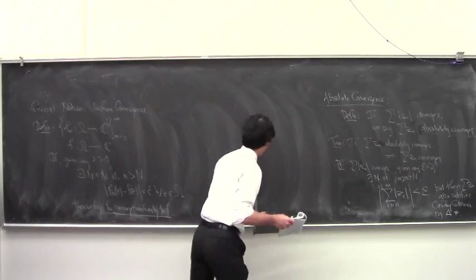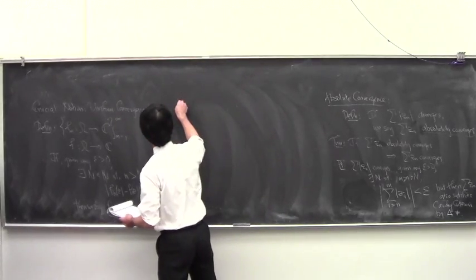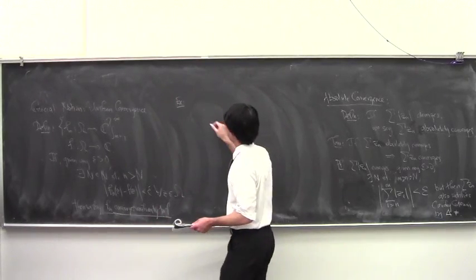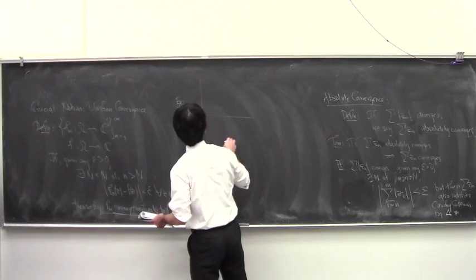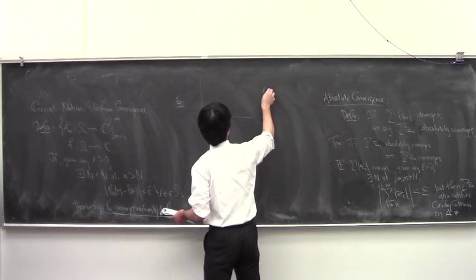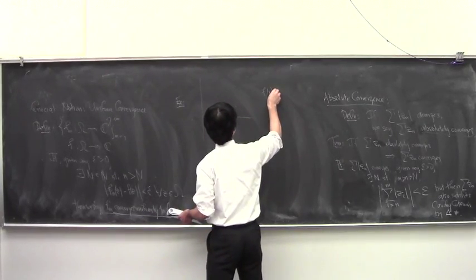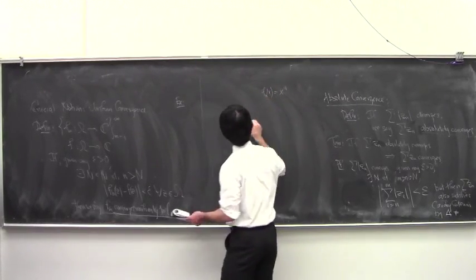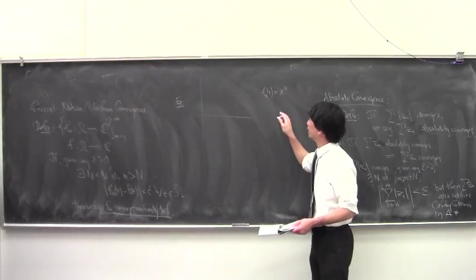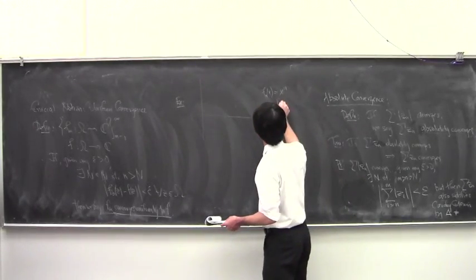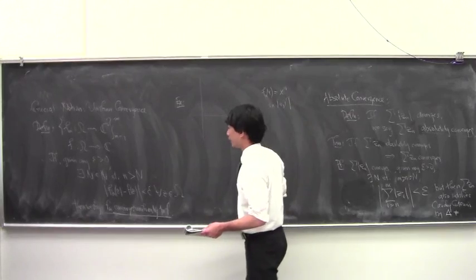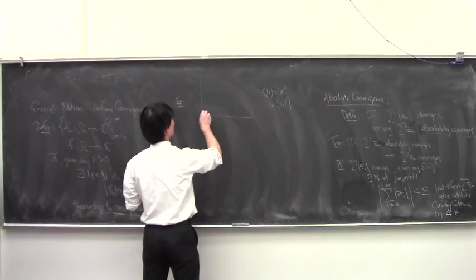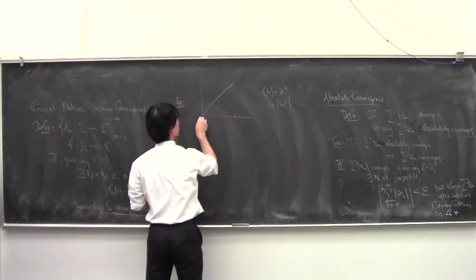So let me give you an example. If you look at fn of x being x to the n on [0, 1]. Here's 0, 1.